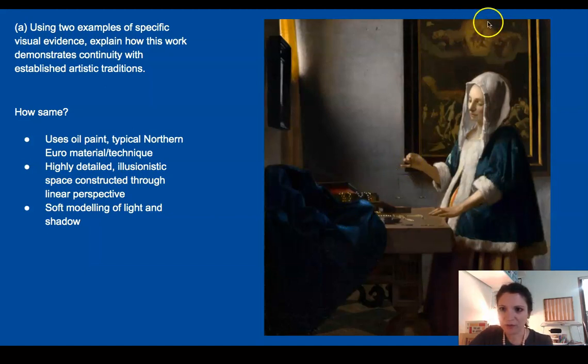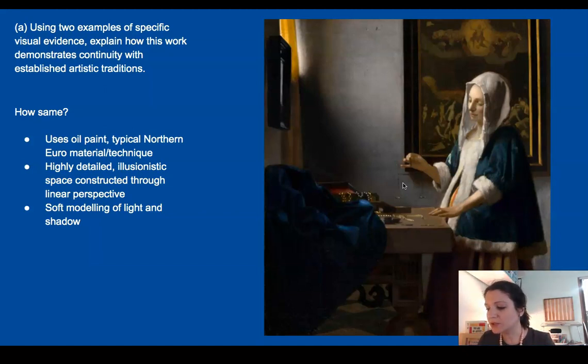Even the figure of Christ back here is on this diagonal, all moving down towards her pinky finger. And linear perspective is a technique that was begun in the Renaissance and continued.